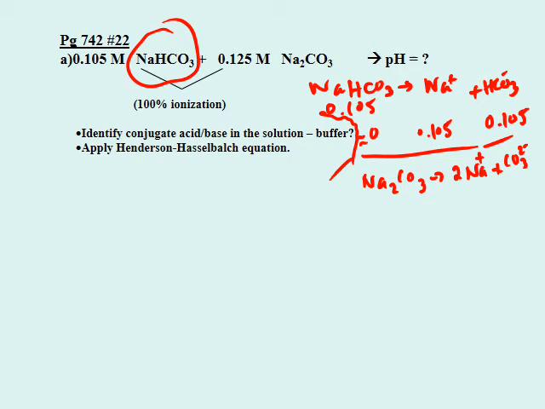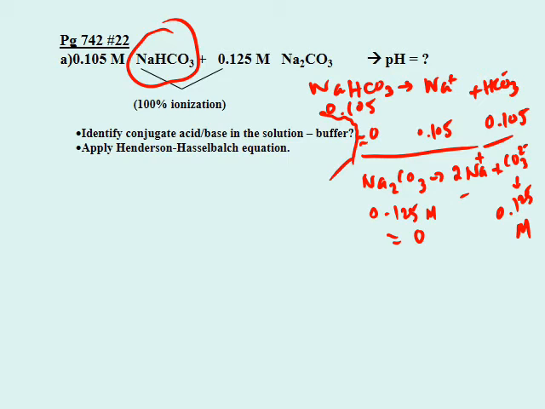So sodium carbonate, you have 0.125, and it would completely break down. So you get 2 times of that of sodium plus, and same quantity of CO3 2 minus. So we'd have about 0.125 molar carbonate. That's what we are interested in.